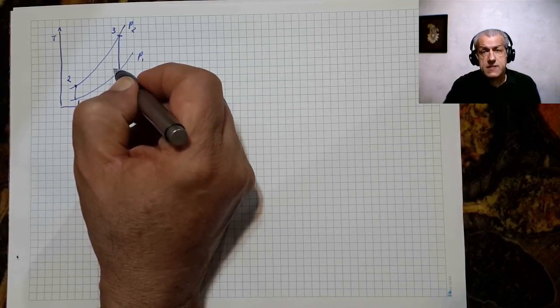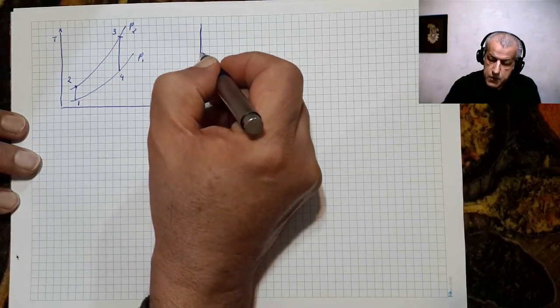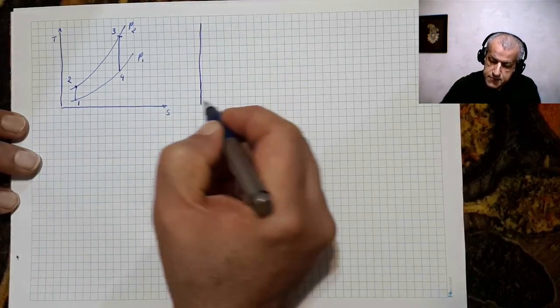And steam turbines use this drawback, in fact, to do something else. What do they do?